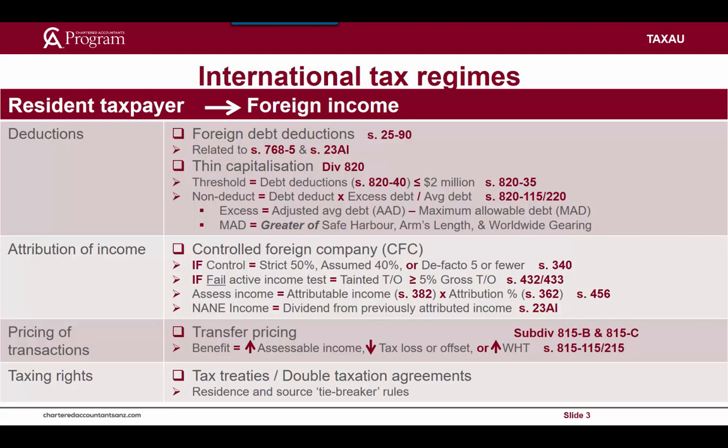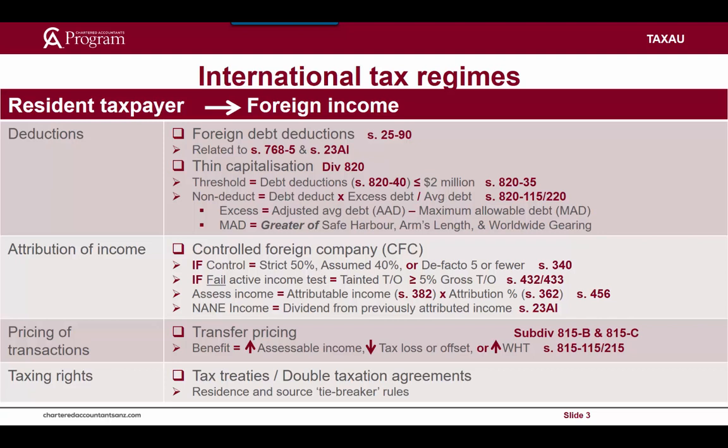That is, the taxpayer's adjusted average debt exceeds its maximum allowable debt. The most common method of determining maximum allowable debt is under the safe harbour amount. Broadly, this method allows the taxpayer to have a debt to equity ratio of 1.5 to 1. That is, for every $1.50 of debt the taxpayer has in Australia, it must have $1 of equity.